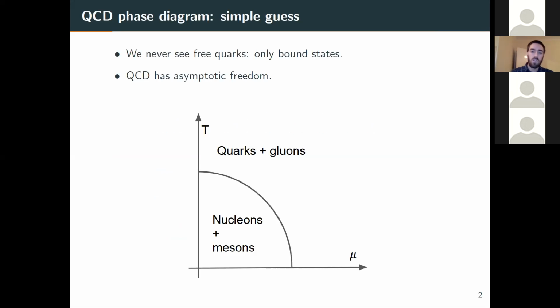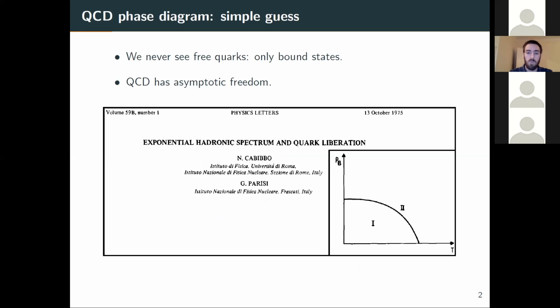While at high energies, that's at high temperatures or high densities or chemical potentials like here, we know that there is asymptotic freedom in QCD, and so we should see a model of weakly interacting quarks and gluons. And this may seem a very naive idea for a phase diagram, but if you had this idea 45 years ago, you would now have a paper with 600 citations, probably, and this is the original phase diagram.